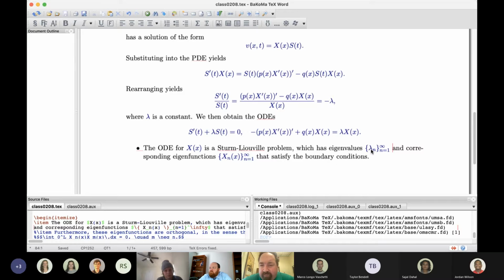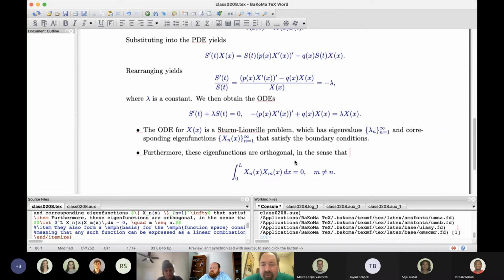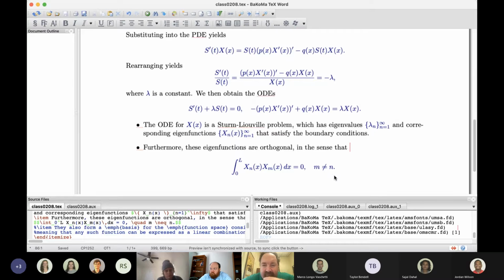When we have a value of lambda that works, I'll call it lambda n. The solution I call Xn. What is also known is that they're orthogonal. So they satisfy this relationship that Xn times Xm, when integrated from 0 to L, will be 0 if m is not equal to n.